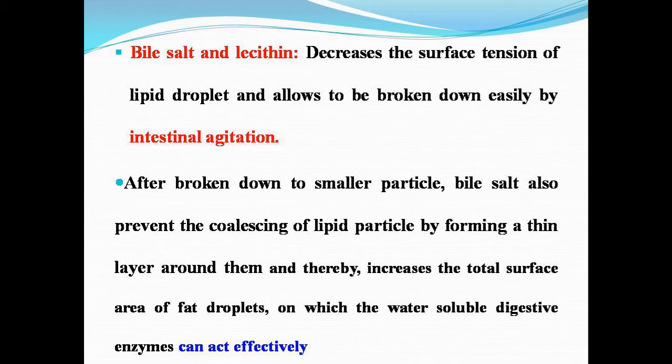After being broken down to smaller particles, bile salt immediately forms a thin layer around the small lipid particles and prevents the coalescing of lipid particles, and thereby increases the total surface area of fat droplets on which the water soluble digestive enzymes can act very effectively.